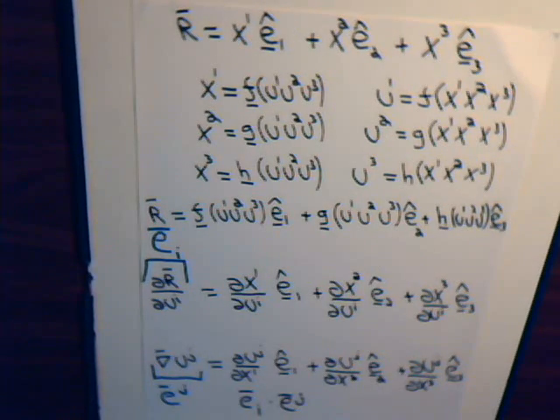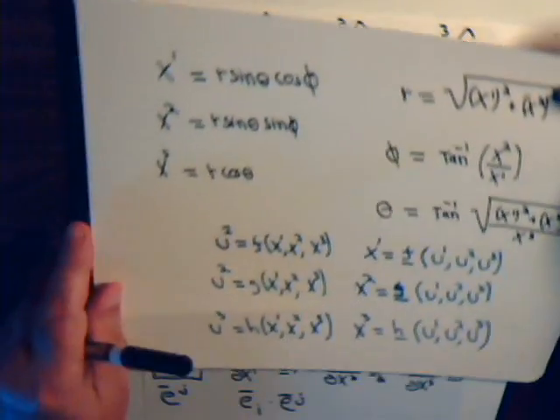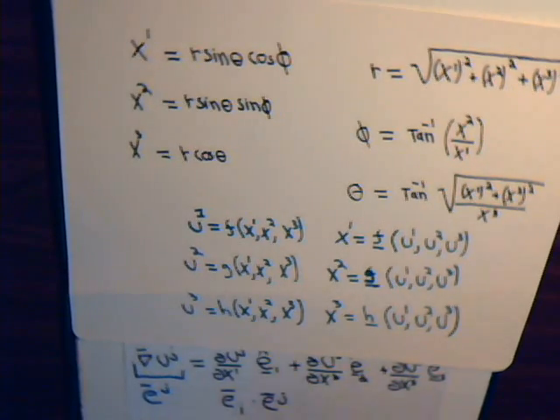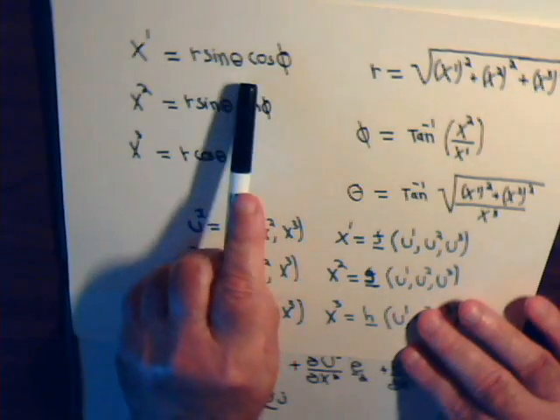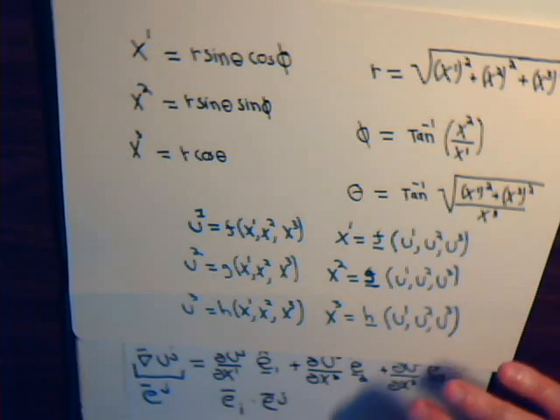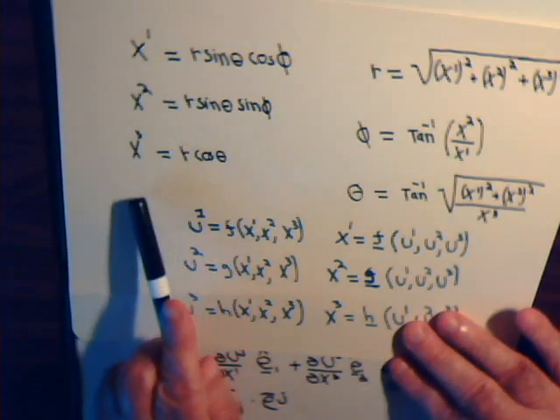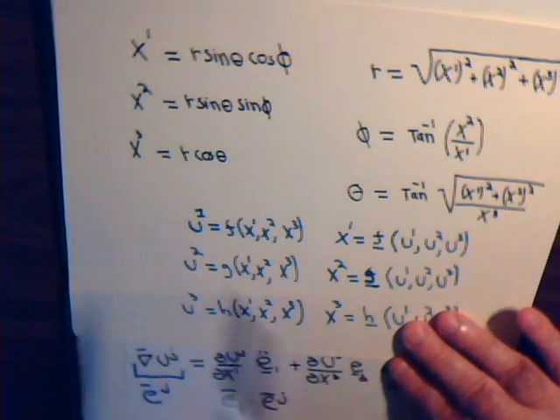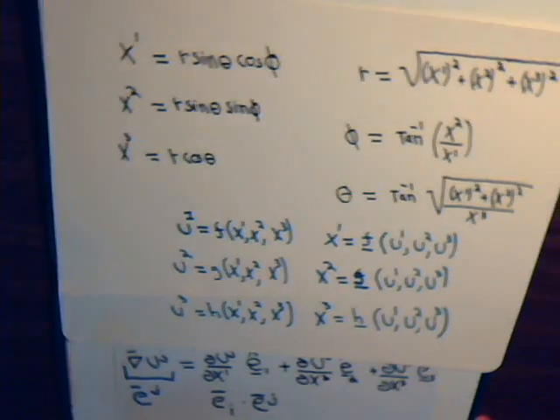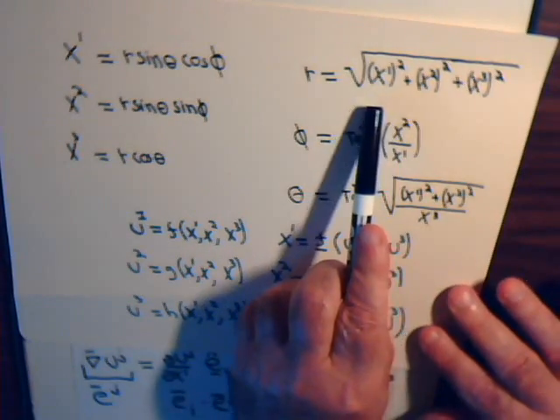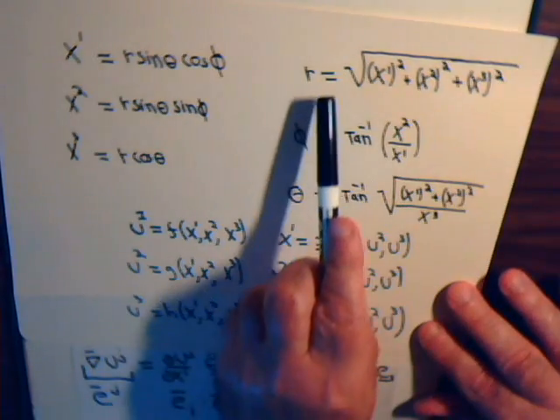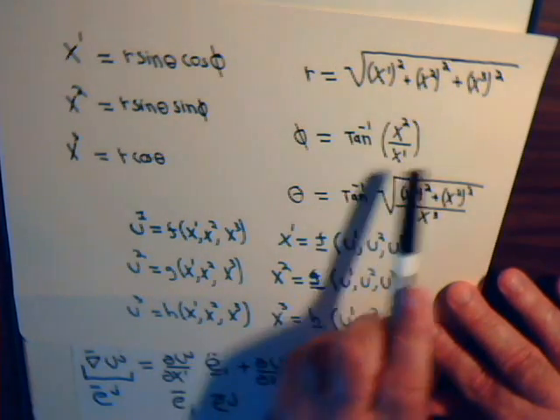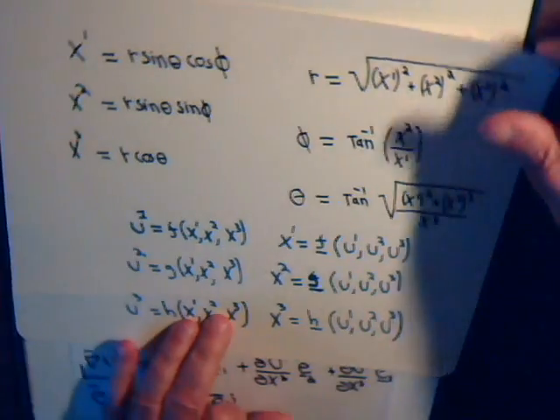That is given by this set of equations here, where if we know what the spherical coordinates are, then we can determine what the Cartesian coordinates are. Each one is a different function of the spherical coordinates. Or, conversely, if we know what the Cartesian coordinates are, each spherical coordinate is a different function of the Cartesian coordinates.